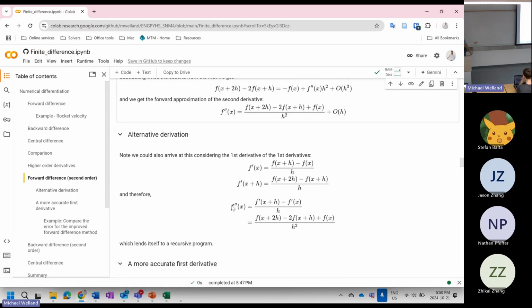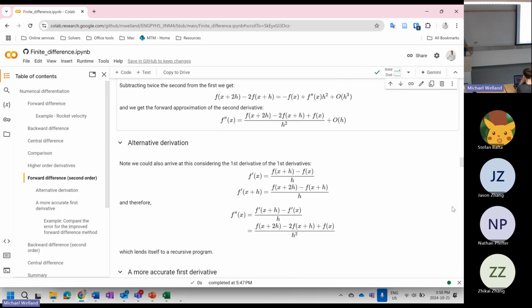We could also do the exact same derivative in a more recursive fashion, right? So what we could do here is, if we had one data point here, one data point here, one data point here, we could also say, what is the derivative here by forward difference?